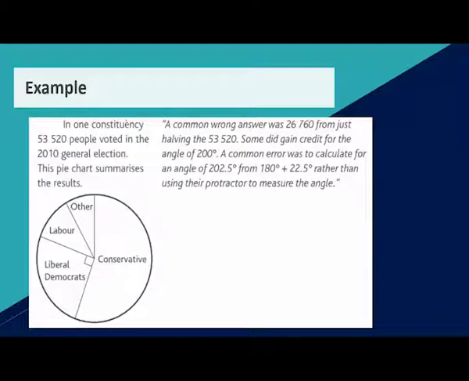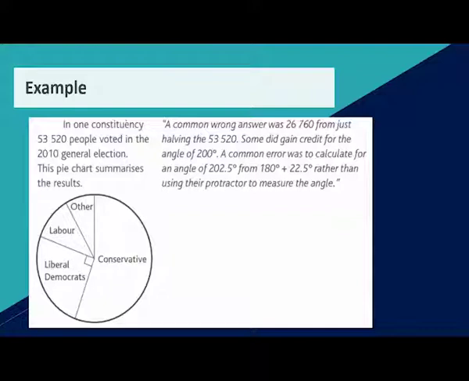Now you are asked, like, what is the conservative? So people look at the pie slice and they decide this is almost half, and they take the number 53,520 and they divide that by 2.